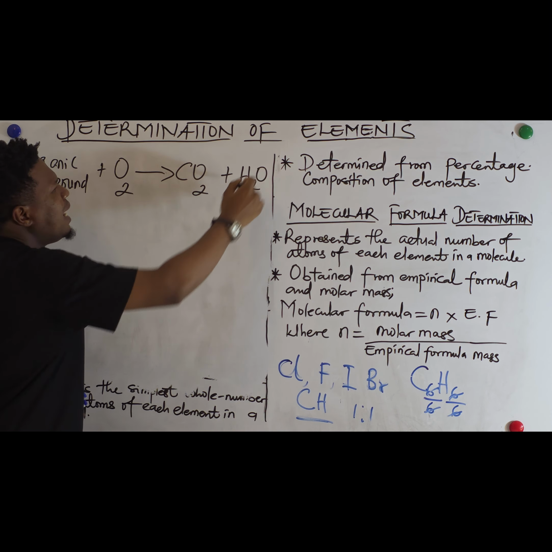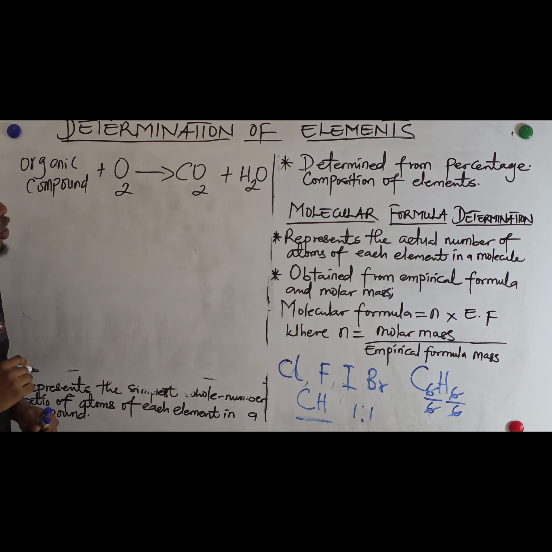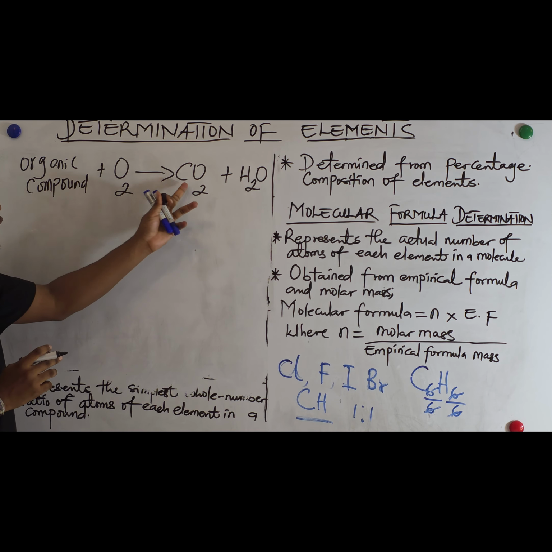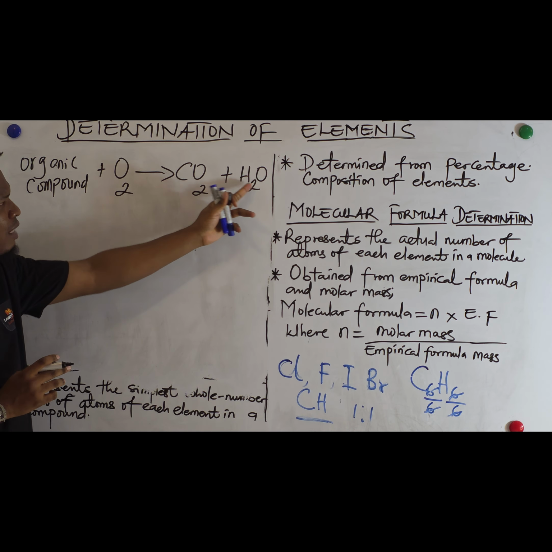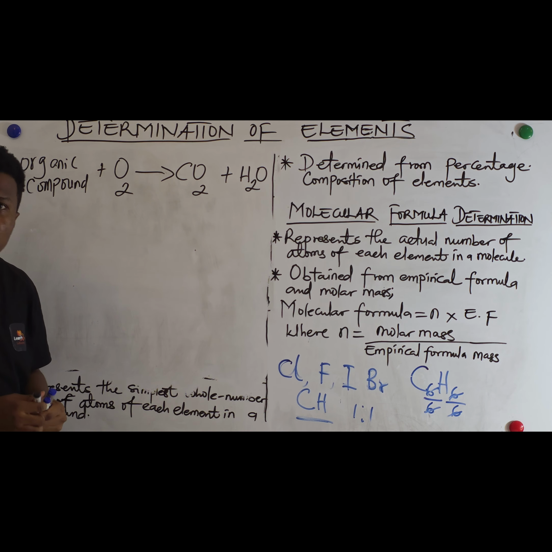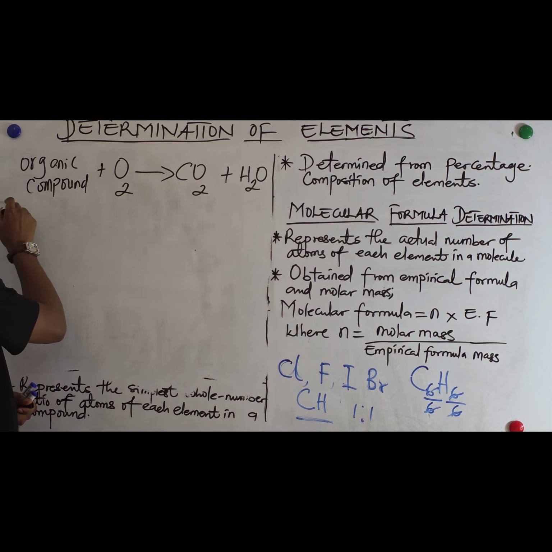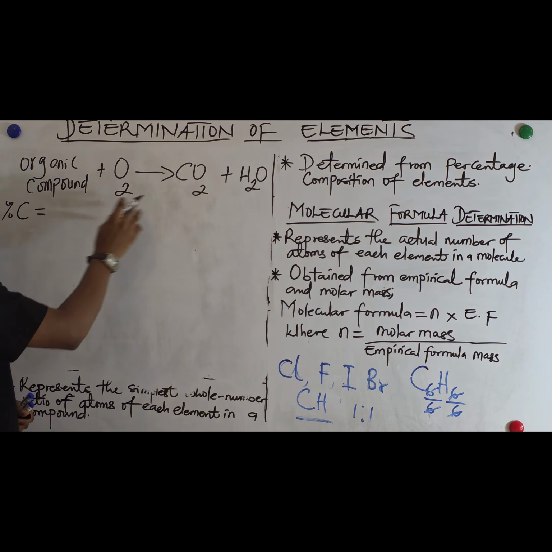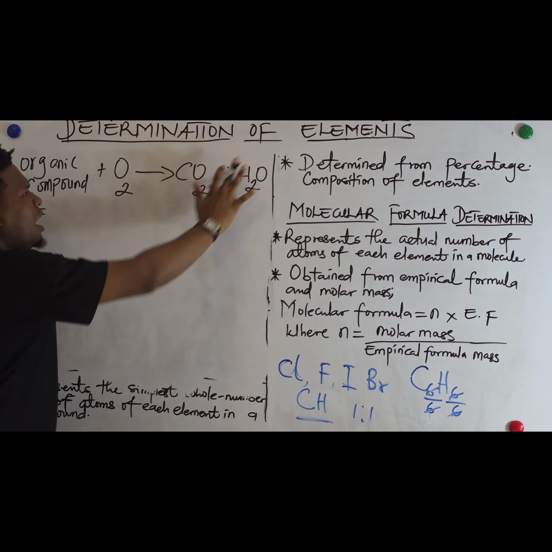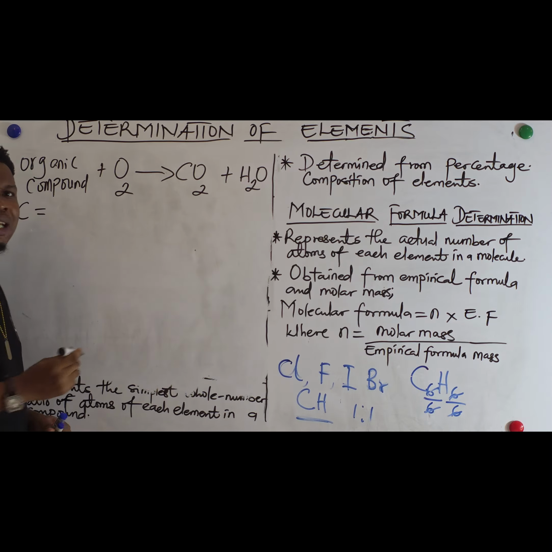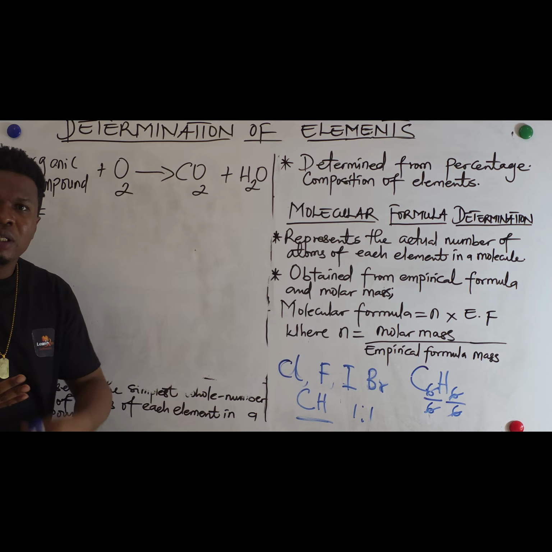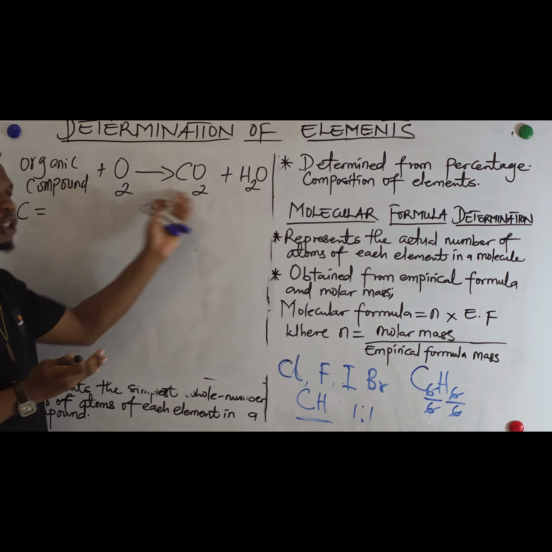So we can determine the percentage composition of the elements in this organic compound if we know the mass of the CO2 and the mass of the water produced from this combustion reaction. In the products I have carbon, oxygen, and hydrogen, so from this combustion data there could be carbon, hydrogen, and oxygen.